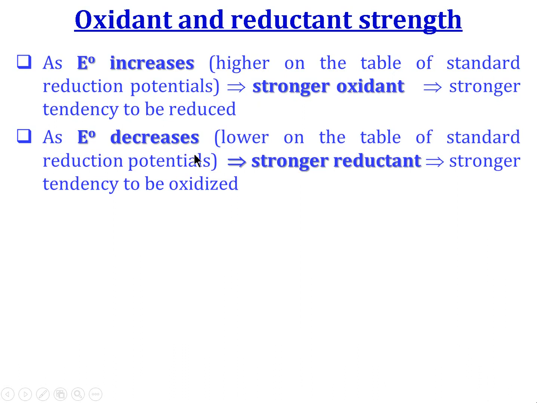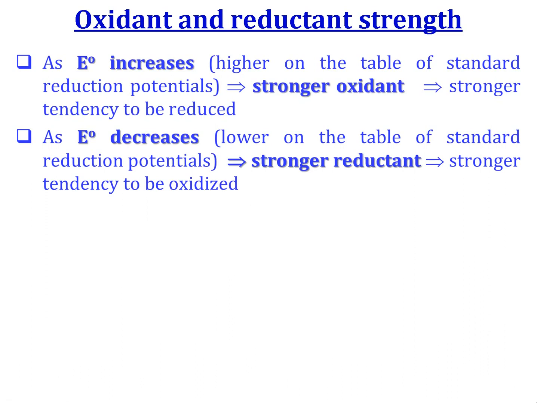As E0 decreases, lower on the table of standard reduction potentials, this is a stronger reductant with a stronger tendency to be oxidized. This is similar to the notion of the acid-base couple HA/A-.